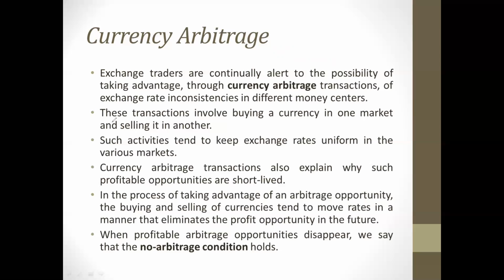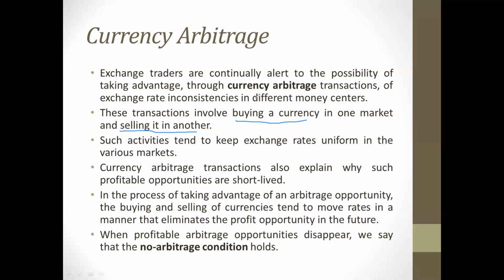The transaction involves buying currency in one market and selling it in another, normally buying in the low exchange rate market and selling in the market where the exchange rate is high. So such activities tend to keep exchange rates uniform in various markets.